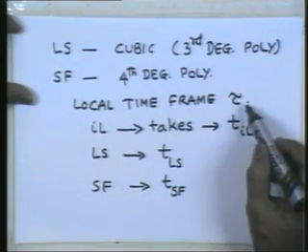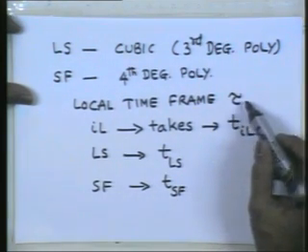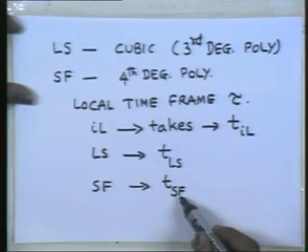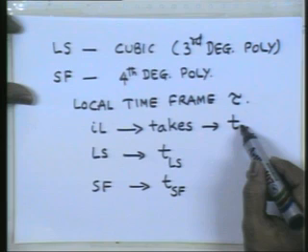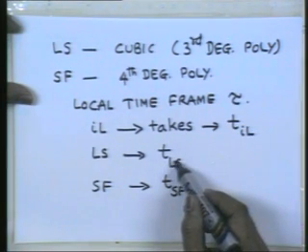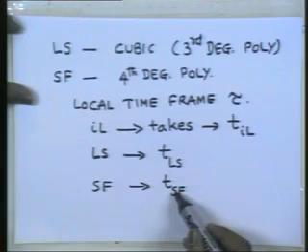So, in each case the local time frame tau will go from 0 to TIL, 0 to TLS, 0 to TSF. So, we are talking in terms of a 4th degree polynomial to be fit in this segment, a cubic polynomial to be fit in this segment, and a 4th degree polynomial to be fit in the final segment. So, we are talking in terms of 3 specific segments being used.